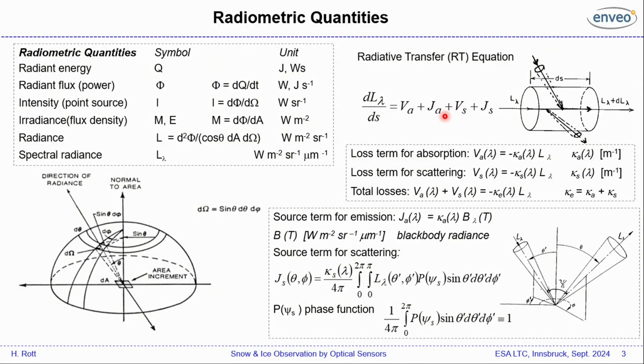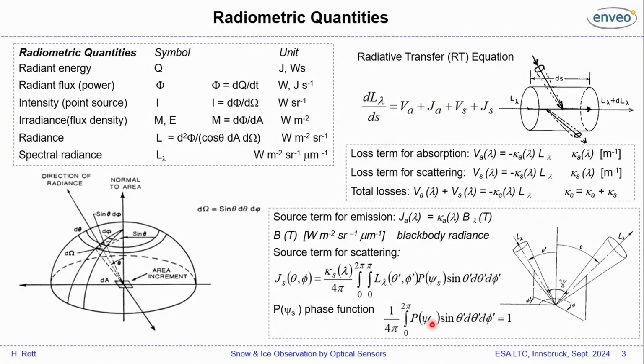Then there are source terms, which on one hand are the black body radiation, which depends on the temperature and the emissivity of the constituent, and on the other hand a source term for scattering.